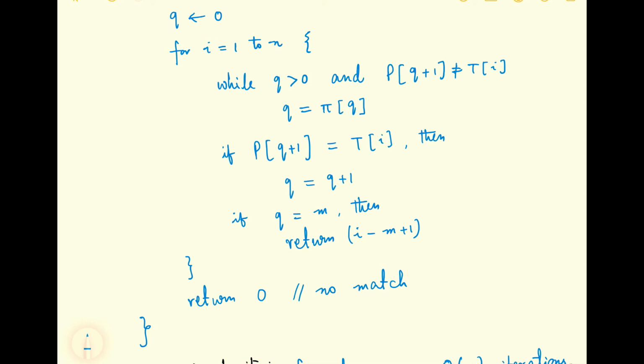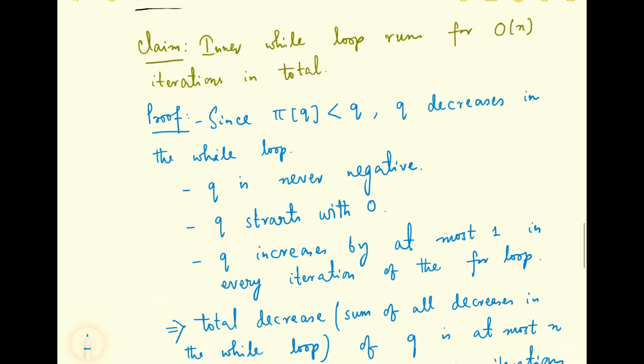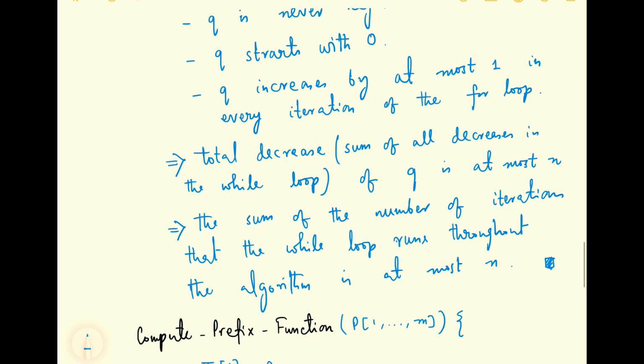So the while loop decreases q, this if condition increases q, and q starts with 0, increases by at most 1 in every iteration of the for loop, and hence q cannot become negative.